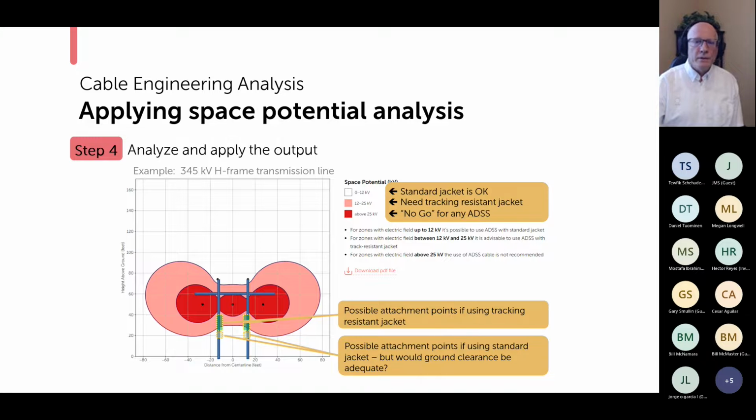So I might not be able to do that in reality, but it's good to know that you have the option. So, white, less than 12 kV, standard jacket. The pink is 12 to 25, so you need the tracking resistant. And then red, try to avoid using ADSS.